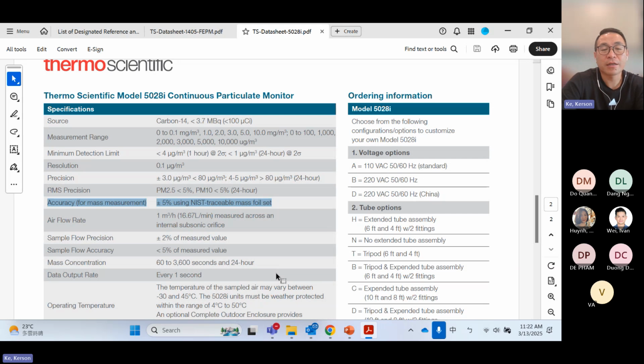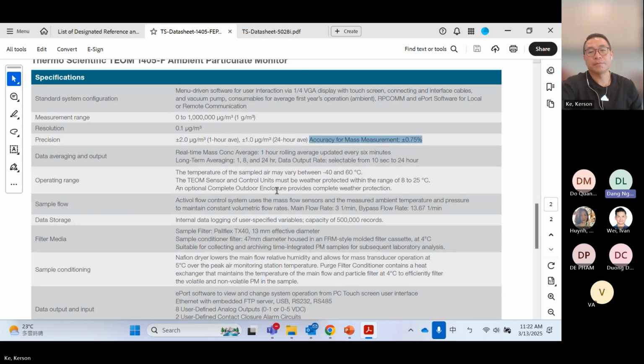So it's a different concept. Yes, because we need to explain to our customers when to use a TEOM or when to use beta attenuation, so they can choose the correct device for their application. Okay, no problem. Because TEOM is a direct measurement, it has better accuracy. I think that's the best way of saying it.